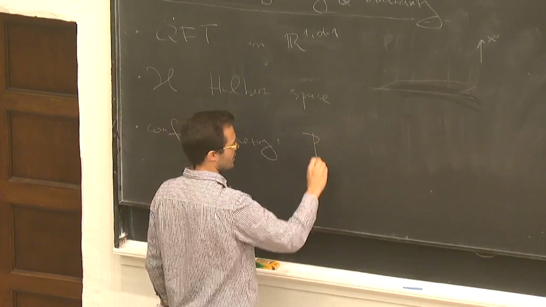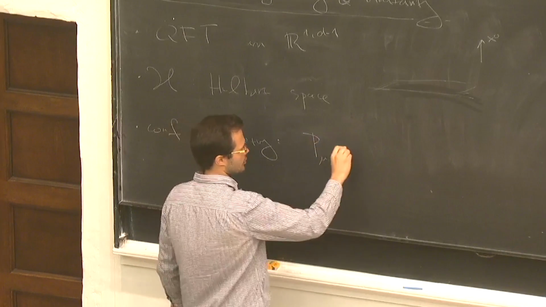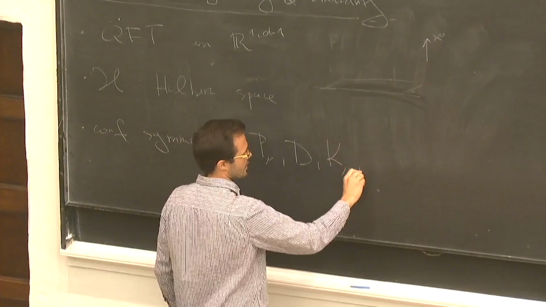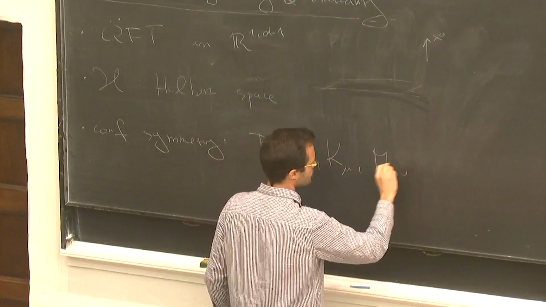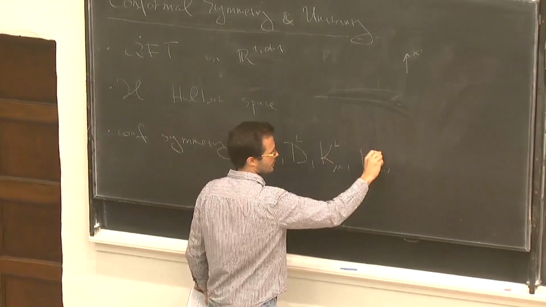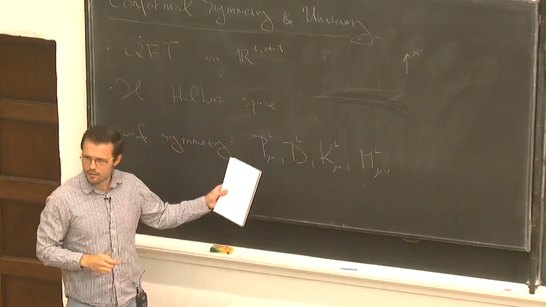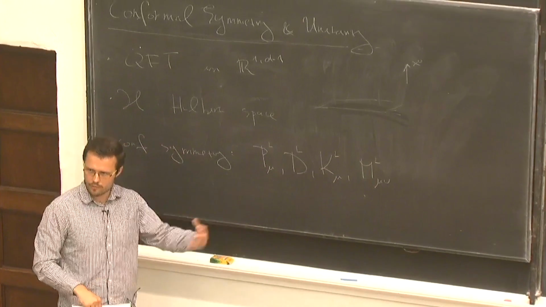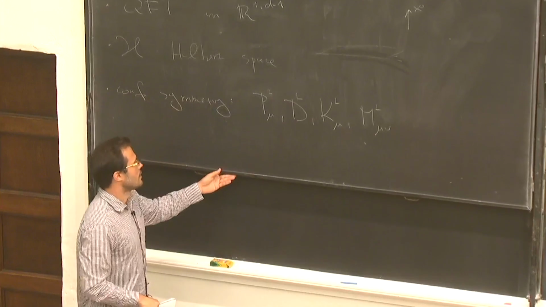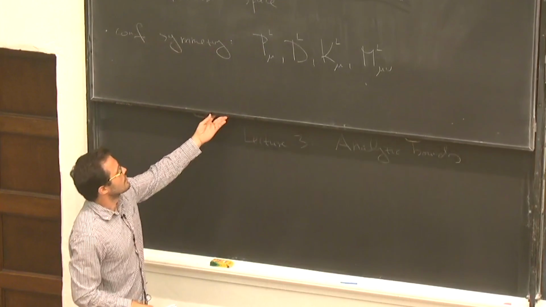The transformations are translations, dilatations, special conformal transformations, and rotations and boosts. I'm going to give these a subscript L to mean that these are the Lorentzian geometric transformations, as opposed to the Euclidean ones, which will play a role soon.